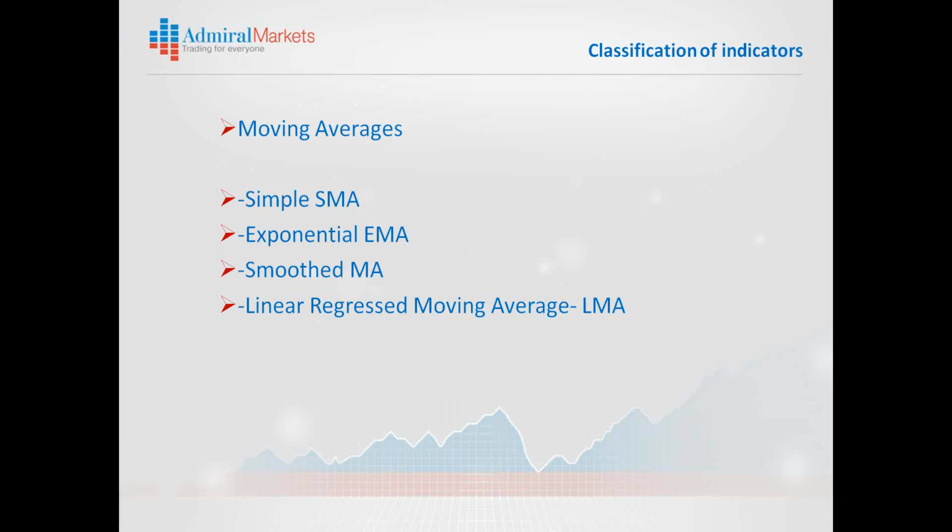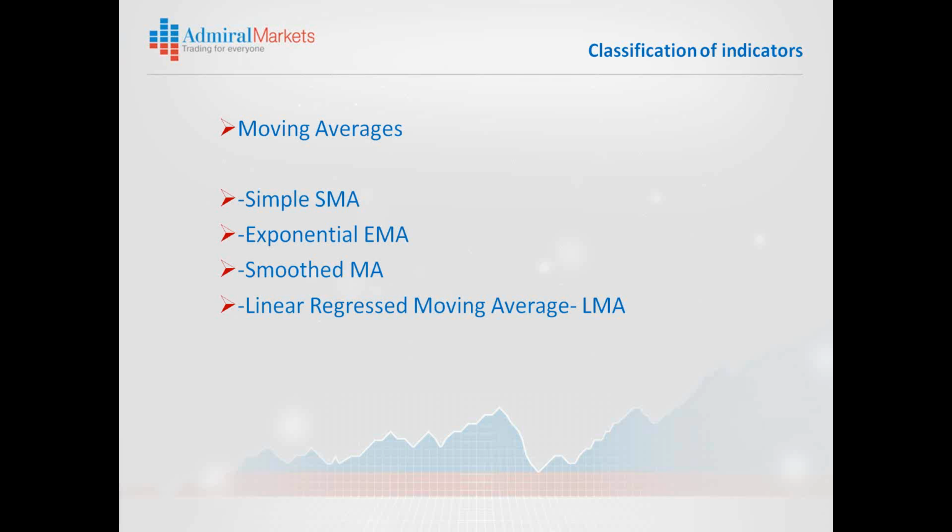Moving averages are a separate indicator. They're basically lagging in nature, but we cannot put them in any of those classifications. Moving averages are not leading, they're lagging, but not lagging completely, and they're basically dynamic support and resistance levels.